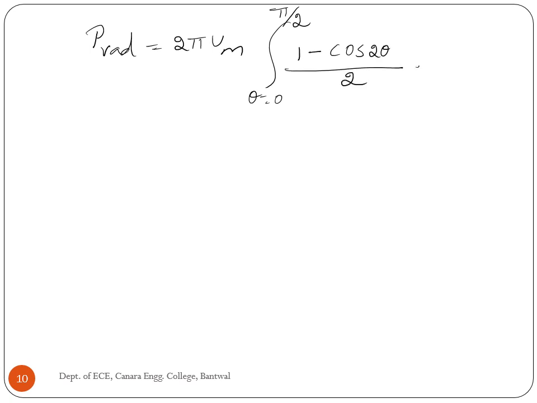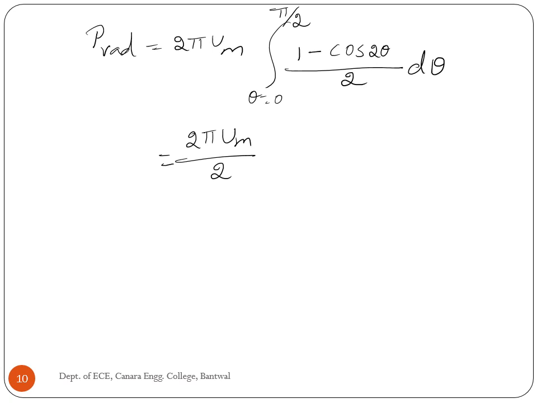Radiated power is equal to 2 pi Um, integral from theta 0 to pi by 2 of sin square theta d theta. Sin square theta is 1 minus cos 2 theta divided by 2 into d theta. Therefore, radiated power is equal to 2 pi Um by 2.